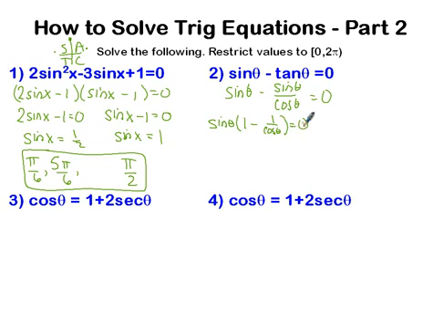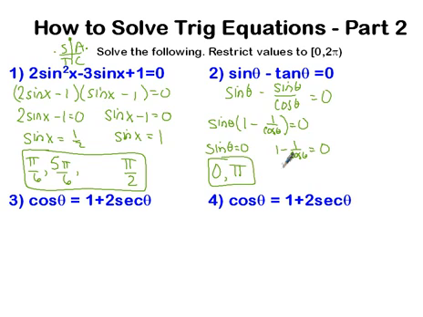All right, and now we have the multiplication of two terms, so I'm going to set each one of those equal to 0 and solve. So we have sine of theta is equal to 0, and 1 minus 1 over cosine theta is equal to 0. The first equation here, when is sine 0? That's when is my y value 0. That occurs at 0 radians and at pi.